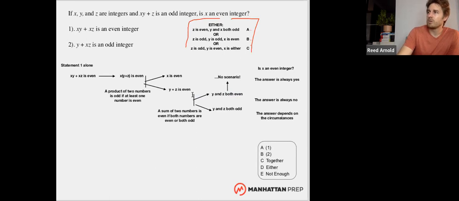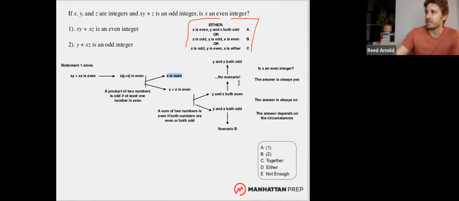So in this world, down here, I need y and z to be odd. If y plus z is even, then I need both y and z to be odd. Well, if y and z are both odd, that happens in scenario B. Sorry, I meant to mention here: if x times (y plus z) is even, if x is even, I'm done.